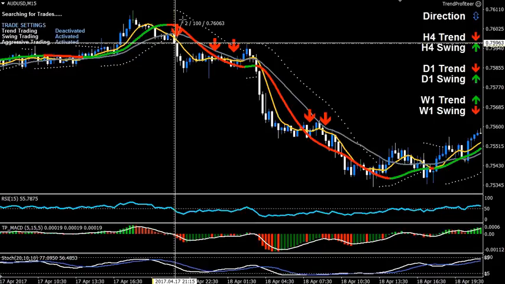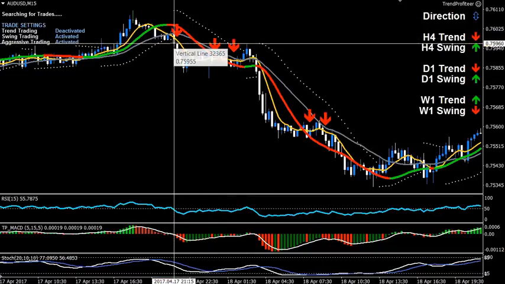This was quite a nice clean trade apart from this consolidation area where we could have picked up these additional swings, but nevertheless, it never moved against us. So 10 pips for our stop.